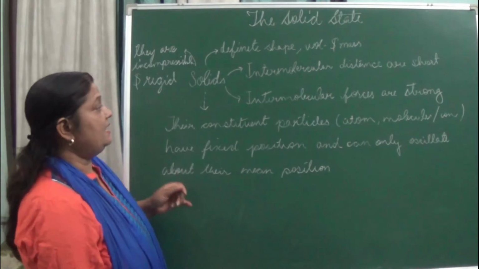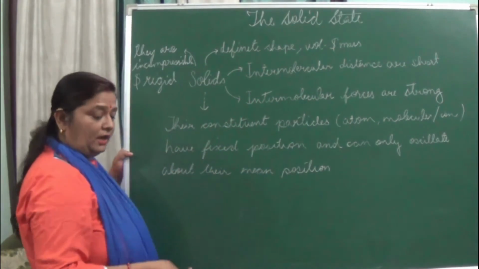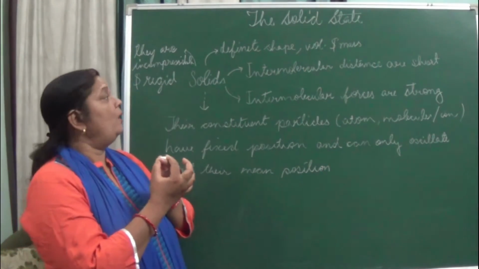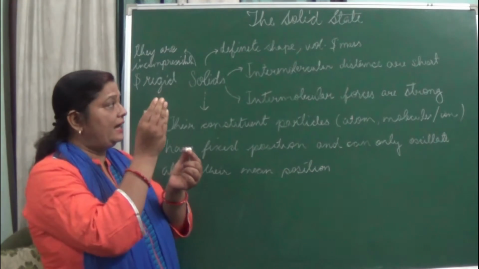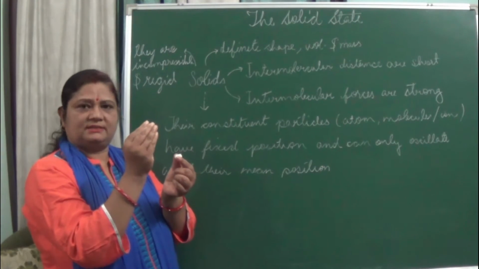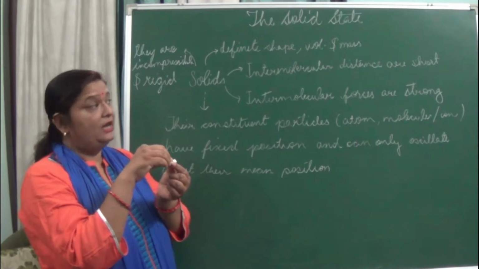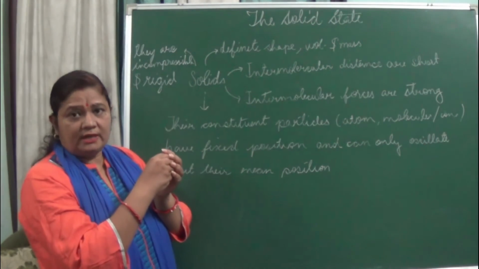Now, second is intermolecular distances are short. Actually, what happens when a thing will be in solid state? When its molecules or atoms will be arranged in very short distances. It will not consist of much space in between. If it will consist of much space in between, it will not have a definite shape, isn't it?